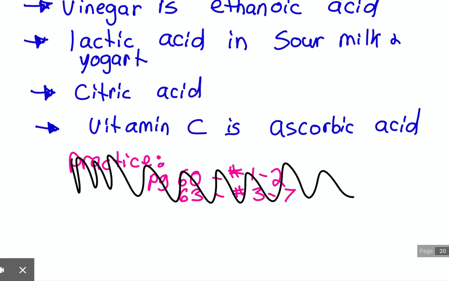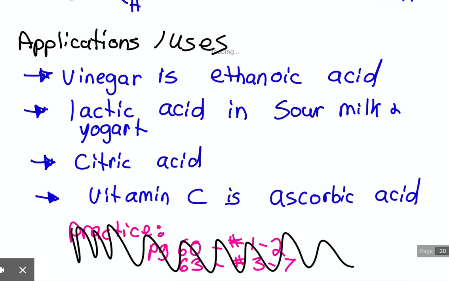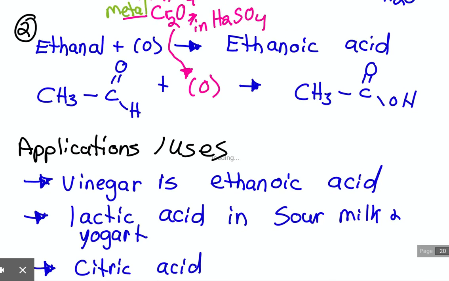Okay, so I'm going to have some practice for you to look at naming our carboxylic acids, but they're really straightforward because all you're doing is naming that parent chain right here and then adding the ending -oic acid at the end. Okay, so that's it for carboxylic acids.